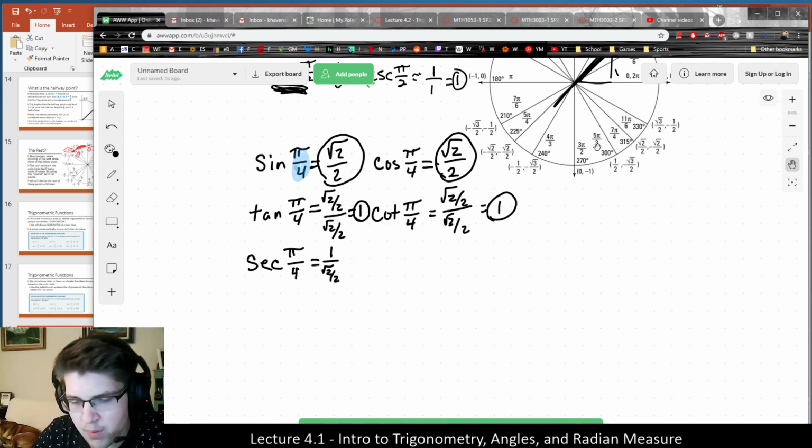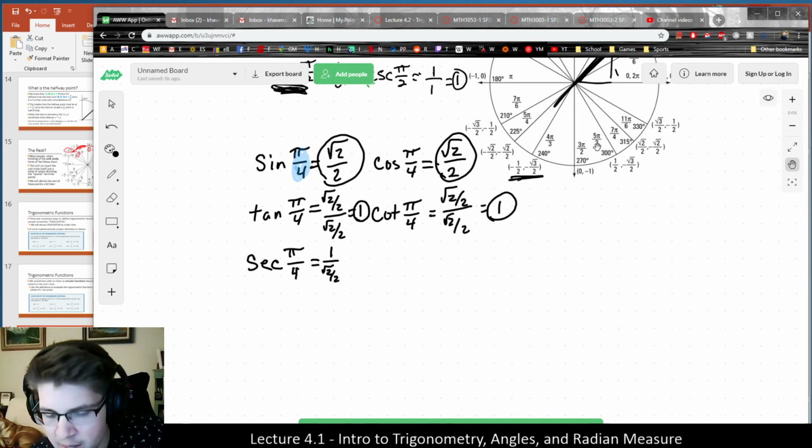So to review fraction math: when I'm doing these trigonometric ratios, most of the time it's going to be a fraction divided by a fraction, because a lot of the coordinates along the unit circle are not whole numbers, they're fractions. So when we do x over y or y over x, we're going to have fraction over fraction.